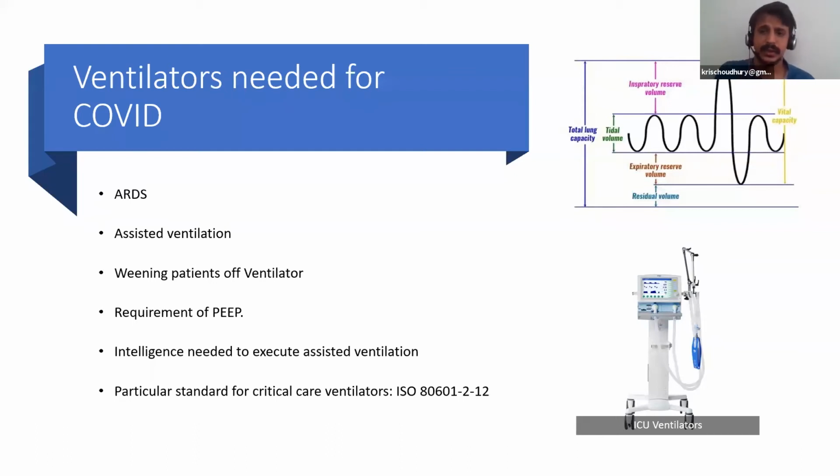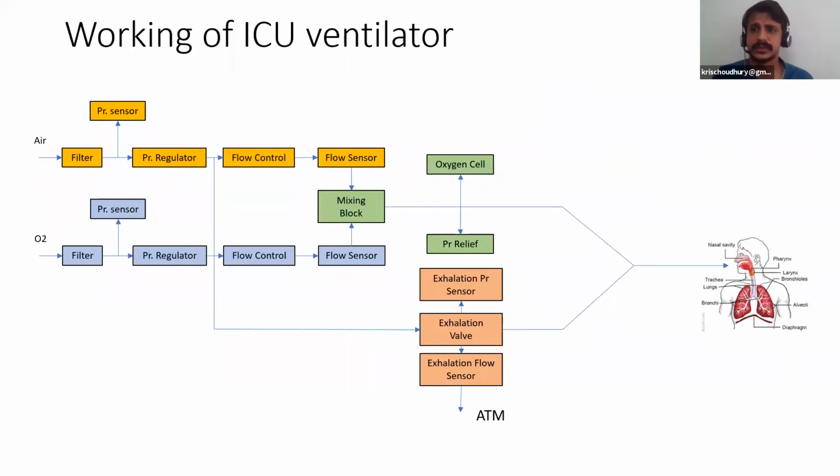So let's get into one of the workings of the ventilator over here. You can see the ventilator predominantly has two inlet lines. One is air and another is oxygen, and both of them get filtered before they enter the ventilator, and both of them need to be 100% dry.